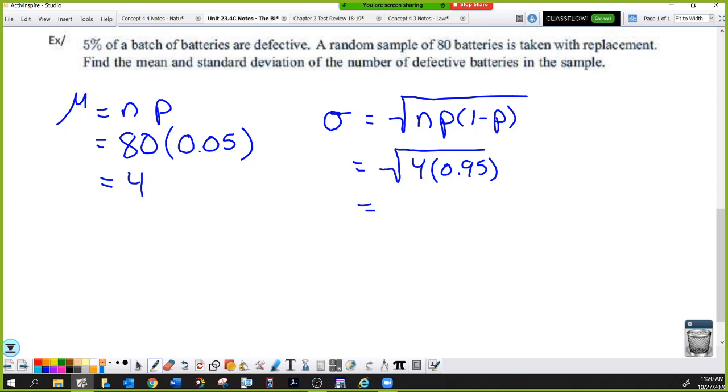And at that point, you just grab your calculator. 1.949. And that is how we find mean and standard deviation of binomial probability distributions. That's it for the notes. We have ended.